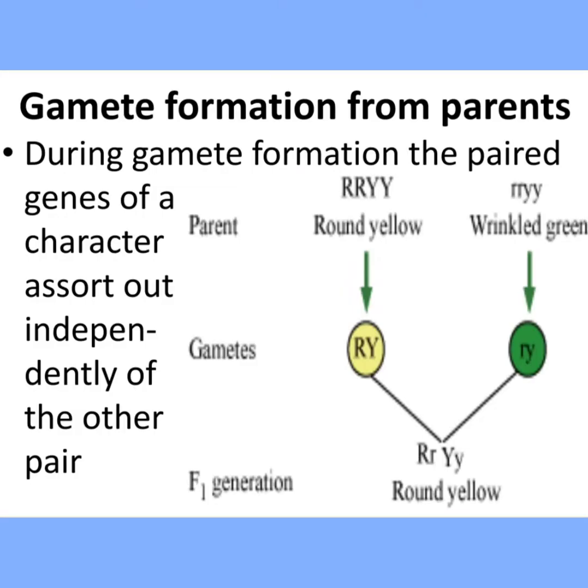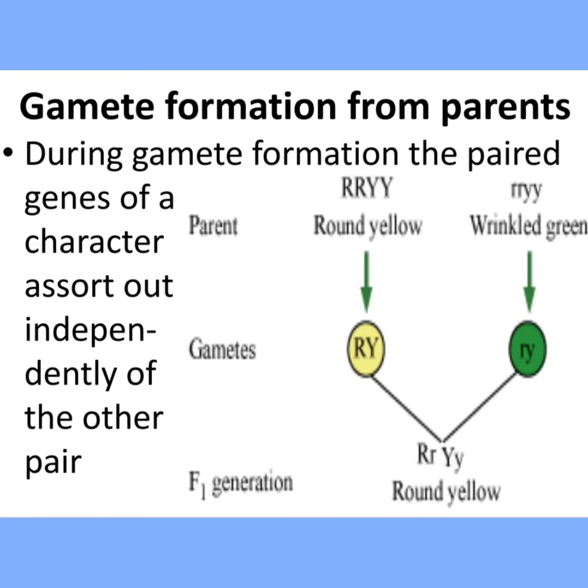During gamete formation, the paired genes of a character are sorted out independently of the other pair. Here you can see the parents, round yellow and wrinkled green, and the round yellow will give gametes capital R, capital Y, and the wrinkled green will give the gamete small r, small y.